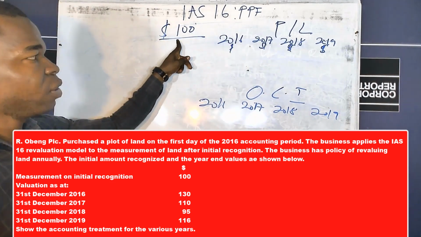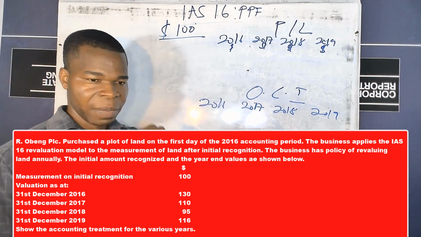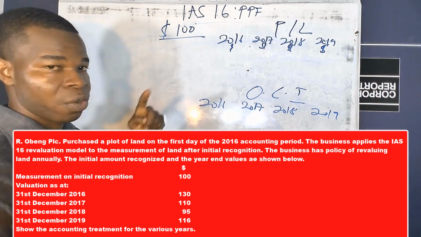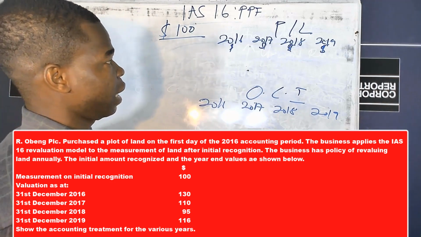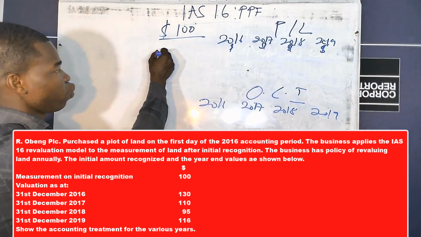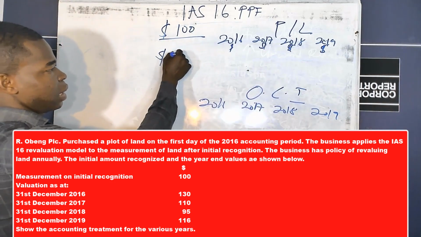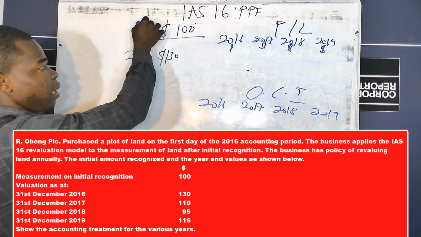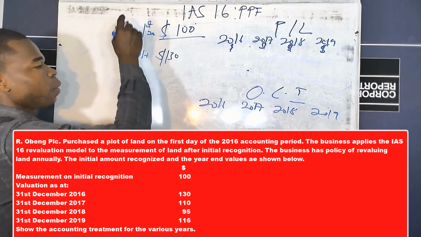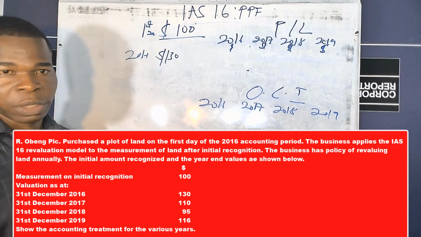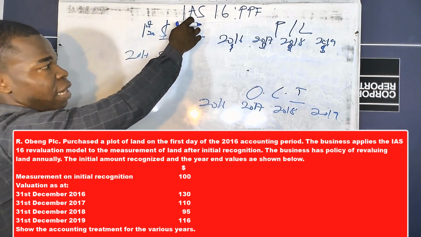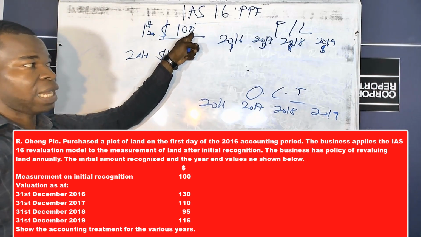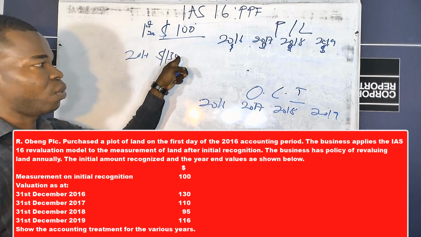Now, at the end of year 1, 2016, we're told that the value of the land has been revalued to $130. That is at the end of 2016. The beginning, initial, was 1st January. So you can see that it is an upward revaluation, because the closing is greater than the opening, or the carried amount is lesser than the revalued amount.